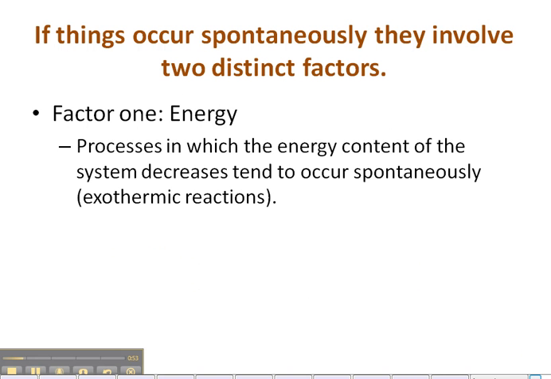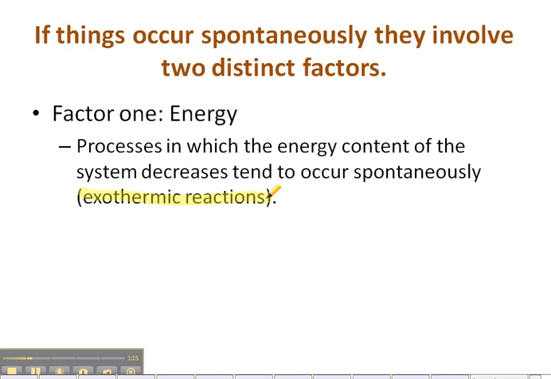Processes in which energy content of the system decreases tend to occur spontaneously. So what we're talking about here are exothermic reactions. If you have an exothermic reaction, you can pretty much bet that it was spontaneous, because think about it, it's releasing all kinds of energy.